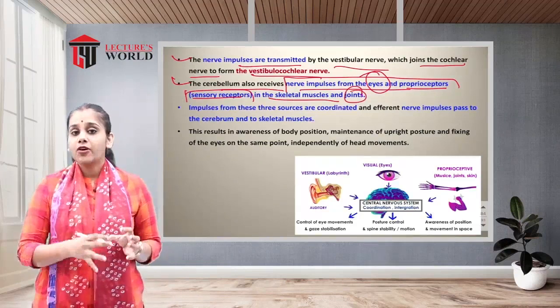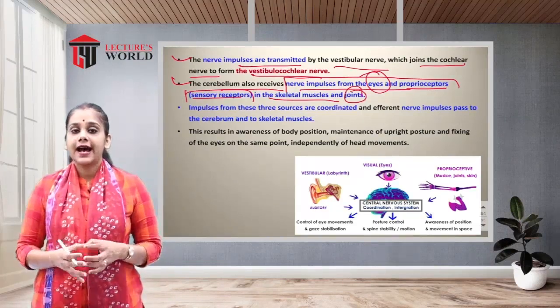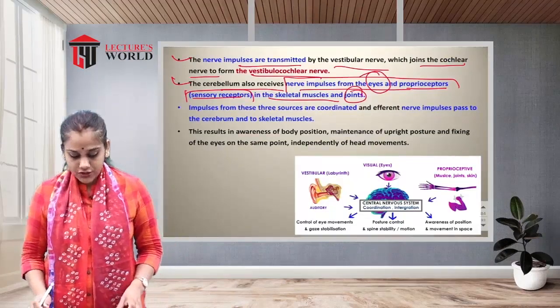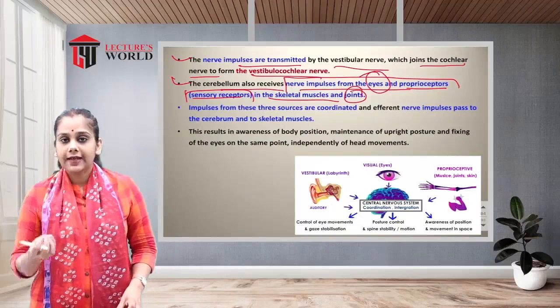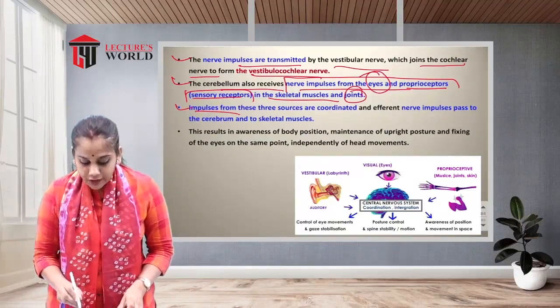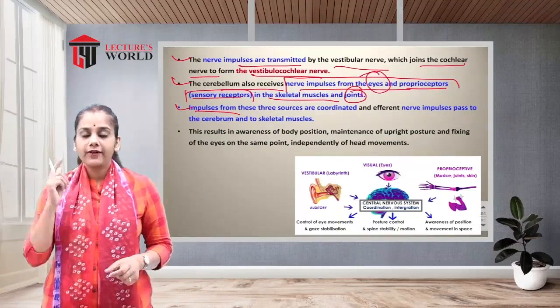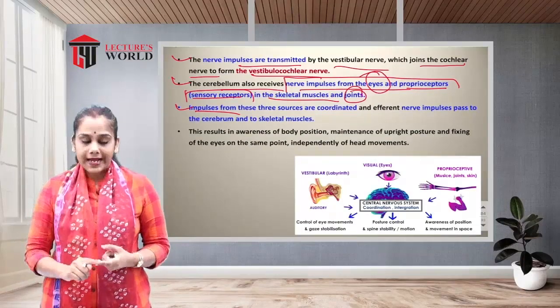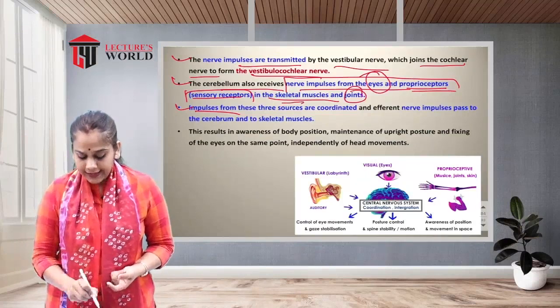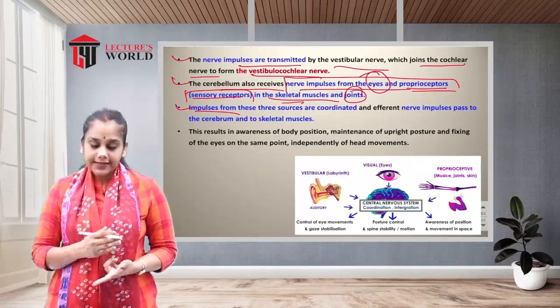Okay, with these, all our sensory organs are coordinated, and the nerve impulses are received in the brain. So the impulses from these three sources, from the ear, from the eye and from the proprioceptors, that means skeletal muscles and the joints.